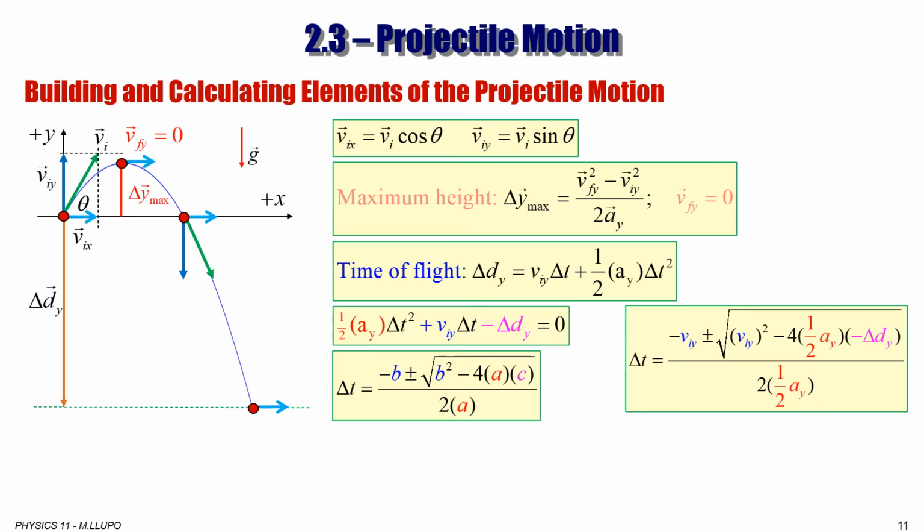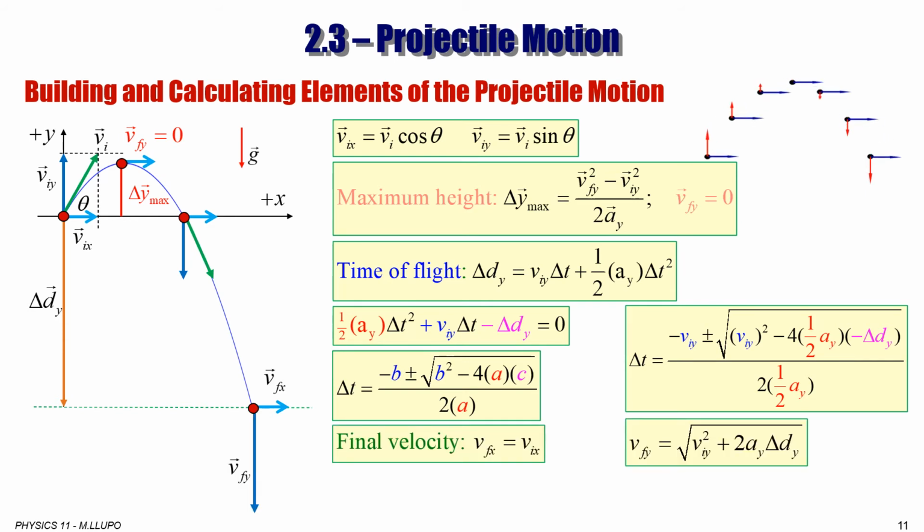So there are a few things that you may make mistakes on. Just by being careful, you're going to avoid that, because time is very important. It's used in the range as well to calculate horizontal range. So if you make a mistake here, it's going to be carried over to the range calculation as well.